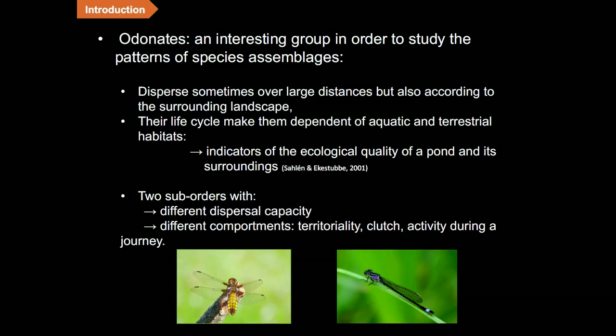Therefore, they can be very good indicators of the ecological quality of the habitats. And Odonata are divided into two suborders, with damselflies, the smaller ones, and dragonflies, the larger ones, with different dispersal capacity and different behaviors for territoriality, clutch activity during the journey.